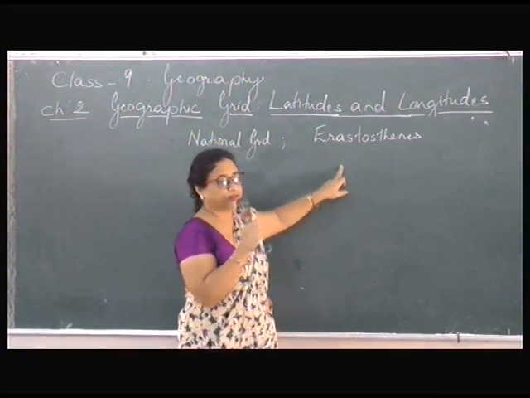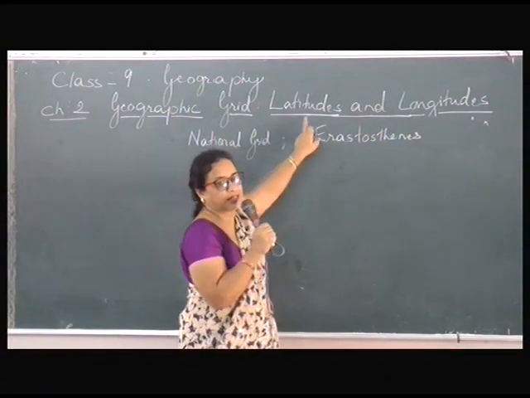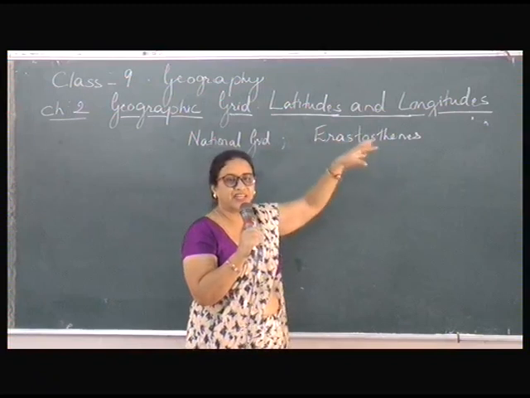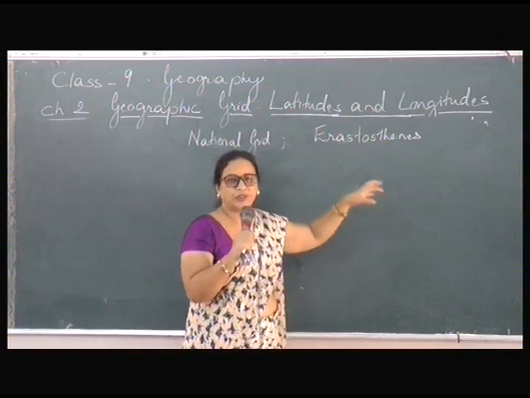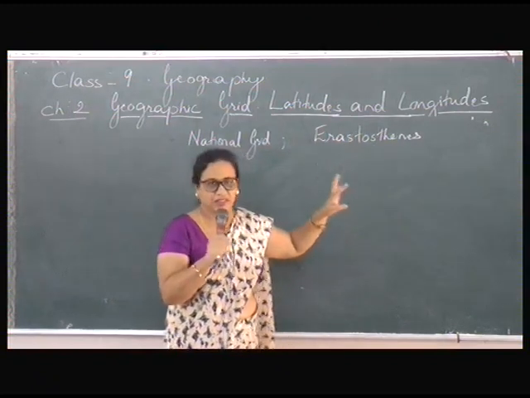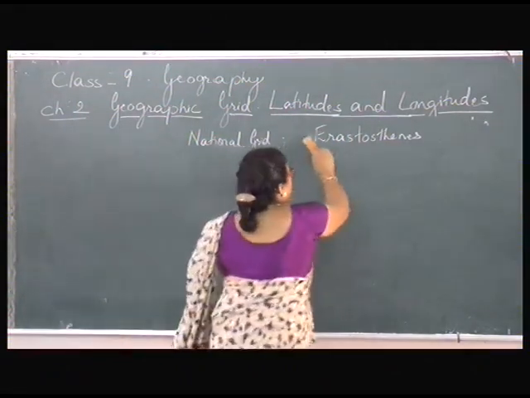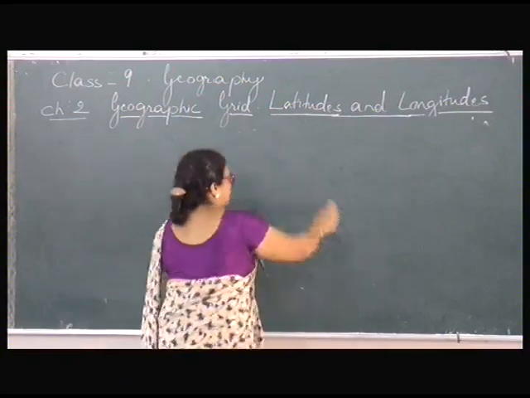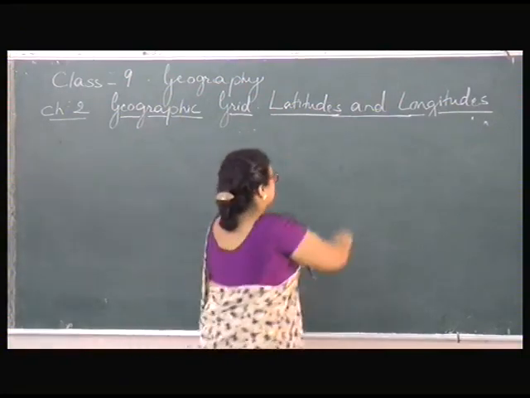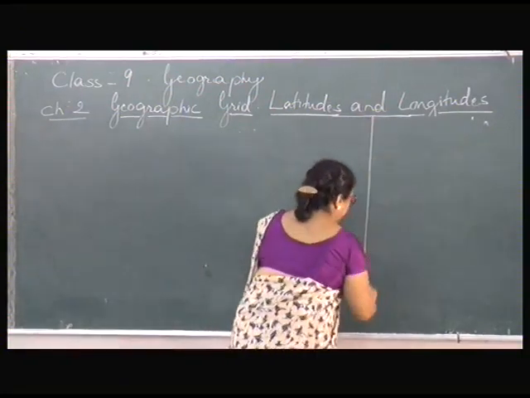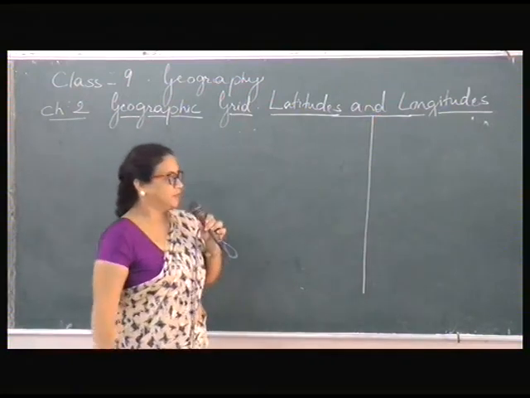He was also the first person to think about latitudes and longitudes, to create a grid for the purpose of locating places. Okay, now we take a comparative study and a revision of the latitudes and longitudes, and we take that as a heading and study it together.